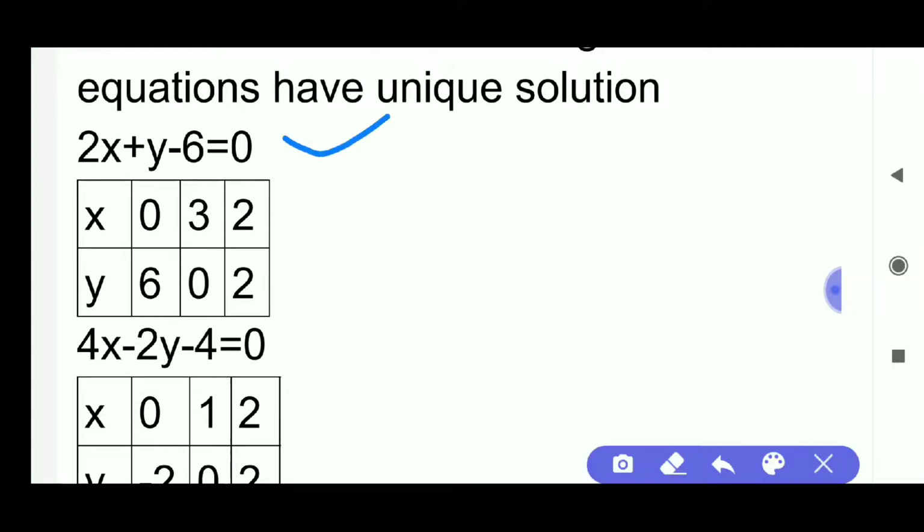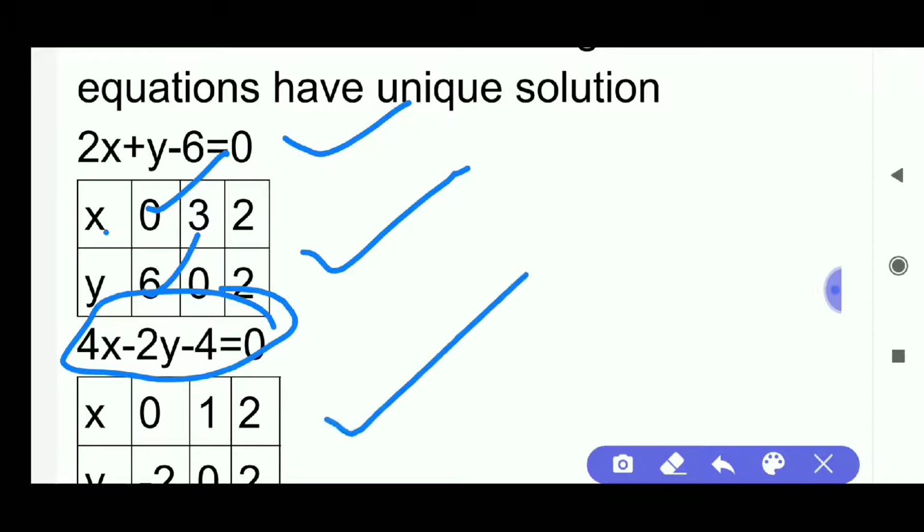The line equation is 2x plus y minus 6 is equal to 0. From this equation, we can draw a table. When we take 0 in place of x, we will get 6 in place of y. In a similar way, we can prepare the table for the second equation also, 4x minus 2y minus 4 is equal to 0.